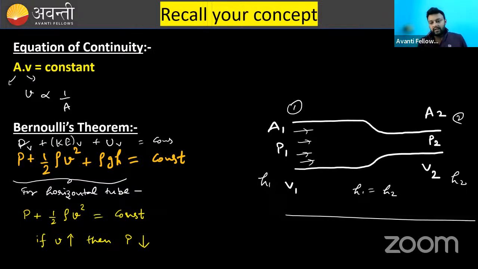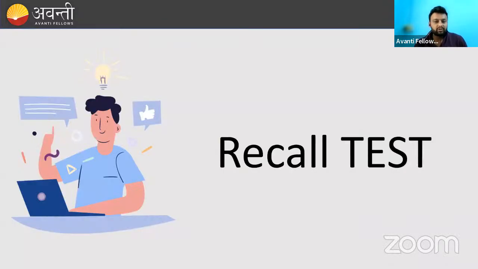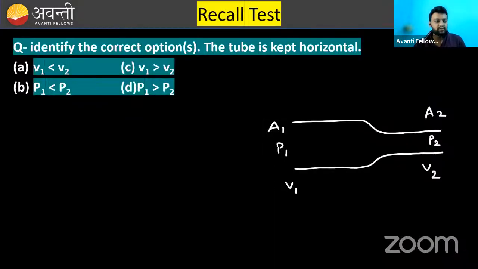So now you need to answer a question which is on your next screen. I think you will be able to answer that. Identify the correct option. There might be more than one correct option, so choose wisely. The question itself says the tube is horizontal. So this is the tube which is horizontal.